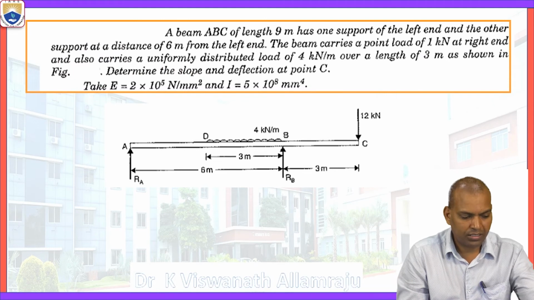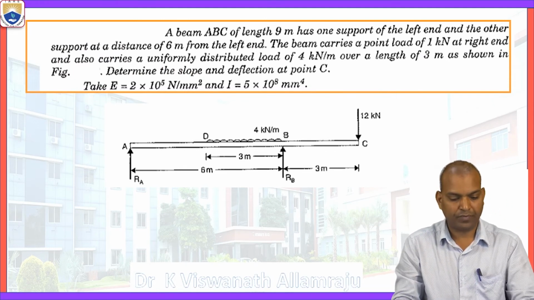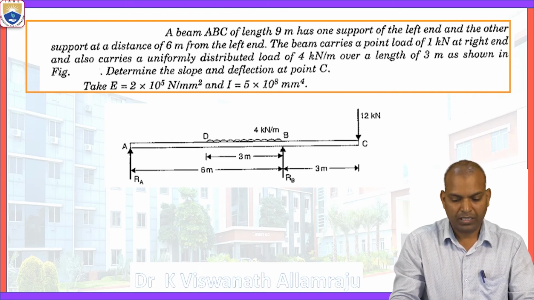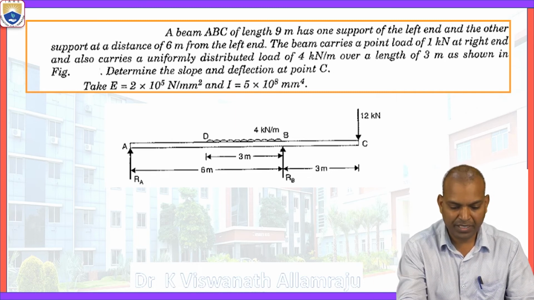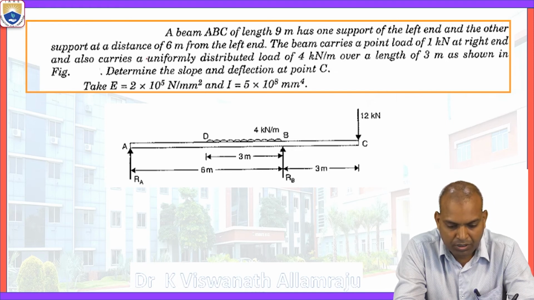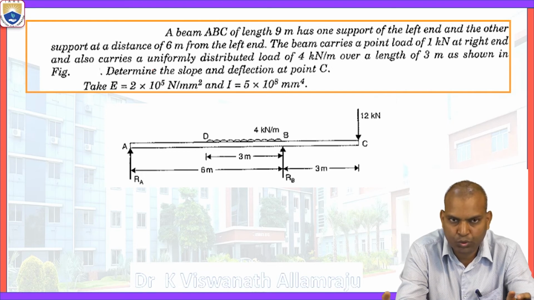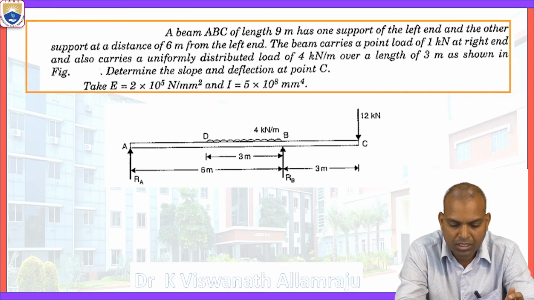Then if we consider the second problem, yes, it is also an overhanging beam, but having a combination of 2 loads. One is a concentrated load, another one is a UDL, uniformly distributed load.